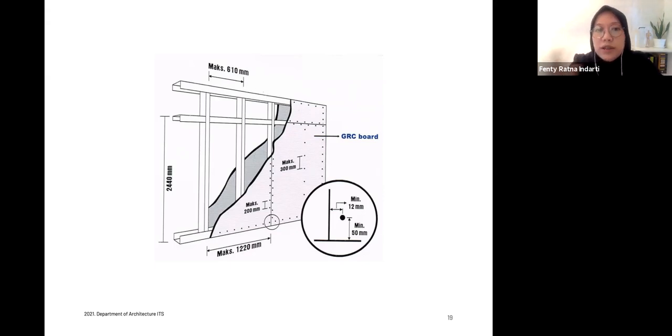So that's how you look at whether a partition is removable or not. If you use brick, then it's not removable. I mean, it is removable, but you need to bulldoze or demolish it with heavy tools.